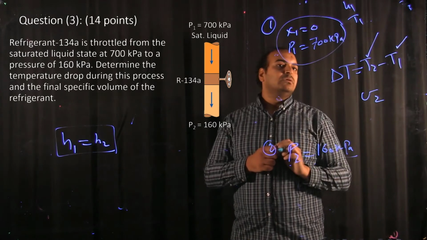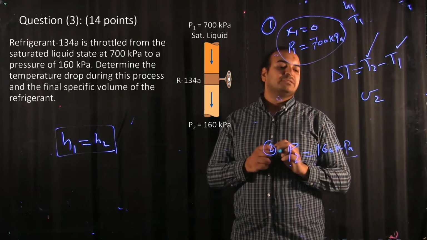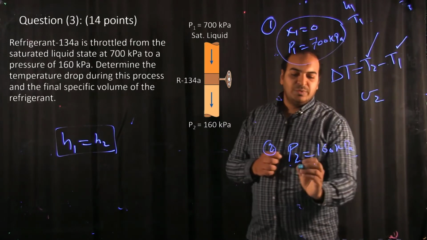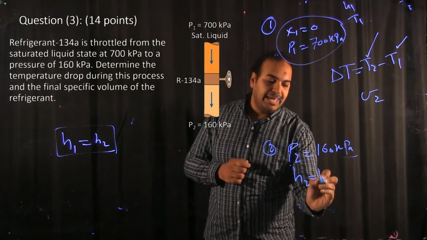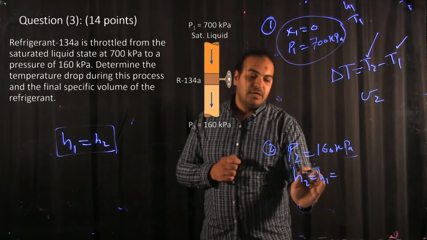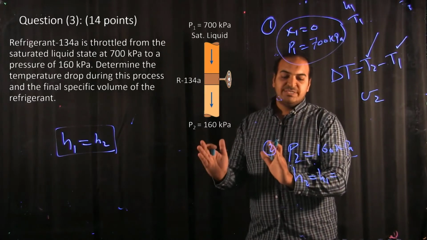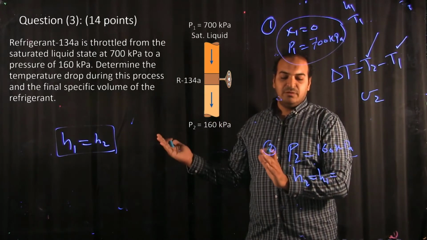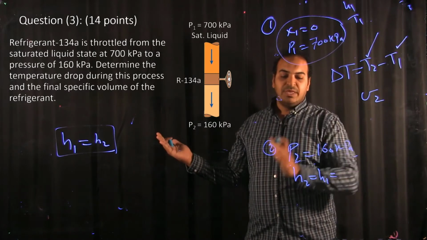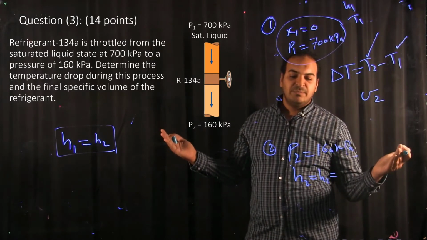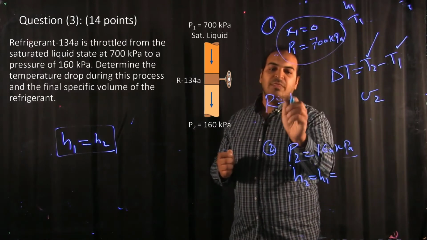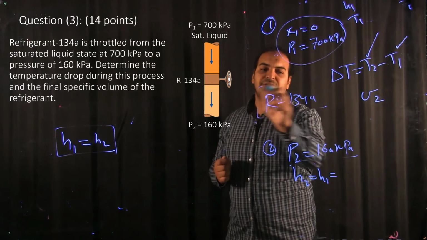That's it. We don't want anything else. For pressure 2, we have H2 equal H1. Now, it depends. If H2 is in between HF and HG, saturated mixture. Lower than HF, compressed liquid. Greater than HG, superheated vapor. For this R134A, do not go to the other table.